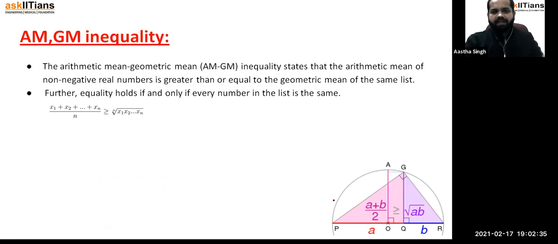Okay, now we are discussing the arithmetic and geometric inequality, right? The arithmetic mean, geometric mean inequality states that the arithmetic mean of non-negative real numbers is greater than or equal to the geometric mean of the same list.